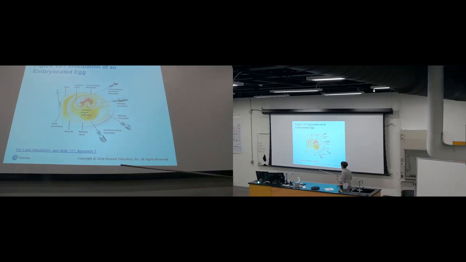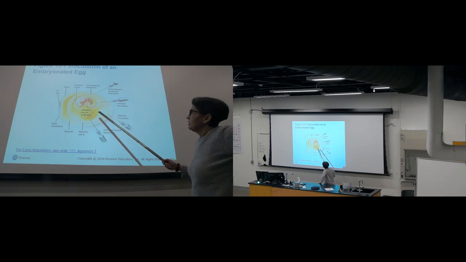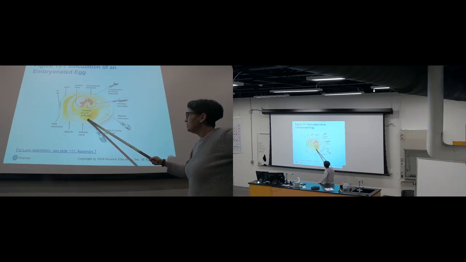So just like when we grow bacteria in the lab, we put bacteria into certain media, you call it inoculation. Well, injecting the viruses is also known as inoculation. So you can inoculate the viruses into the yolk cell.